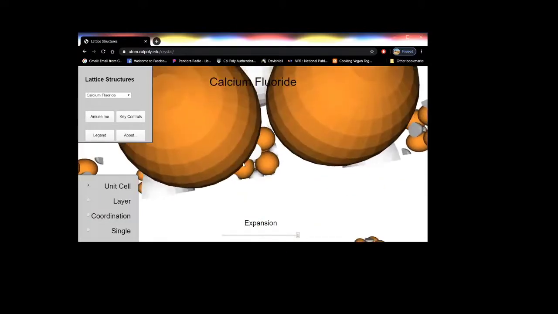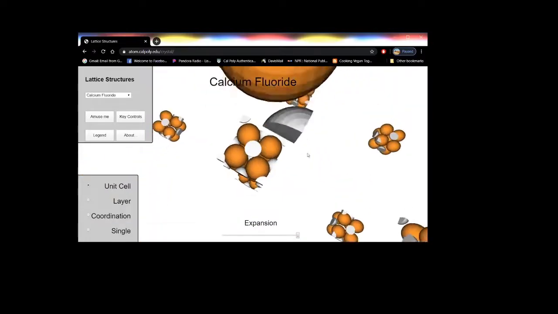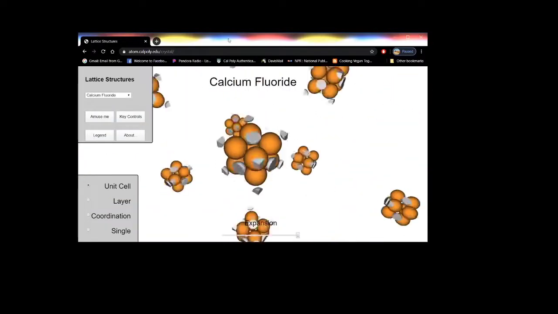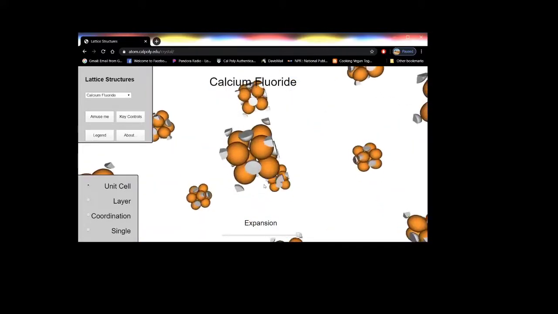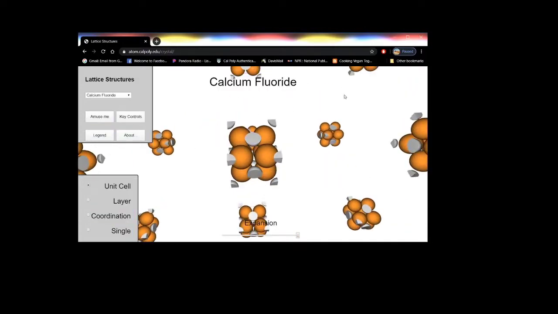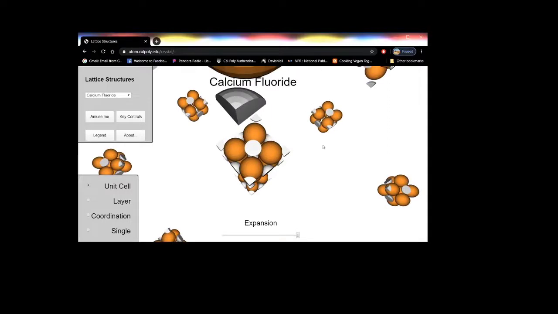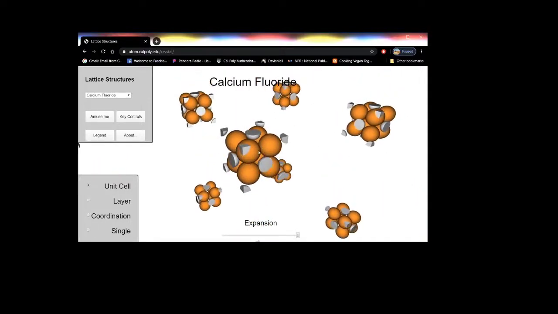Let's see here. Trying to get it to rotate to a nice spot, and I broke it a little bit. I think with the screen sharing, it's freaking it out some. There we go. Okay, there we go. That's what I wanted to get.